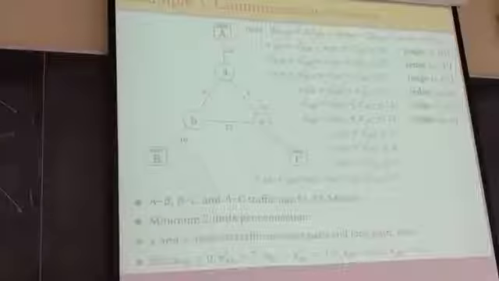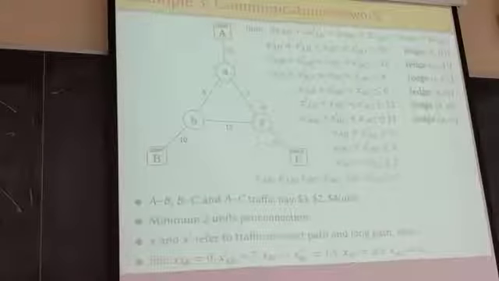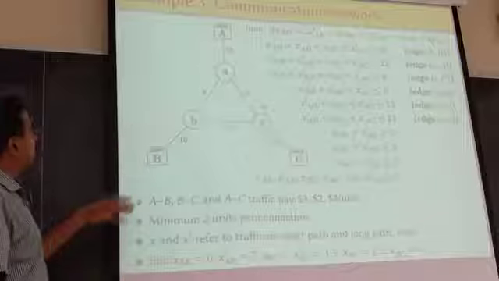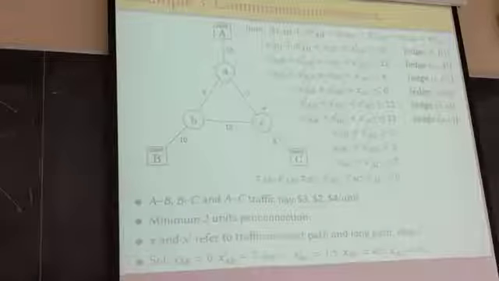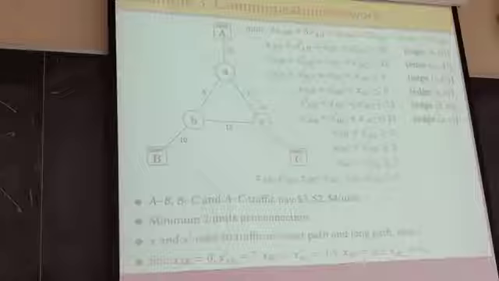So I want to give you an example of just one more problem. I want to talk about this one because it's closely related to the max flow problem that we will be talking about next. Okay, so here is a network. There are 3 users, A, B, and C, and they all want to communicate, but the rates for communication are different, right?